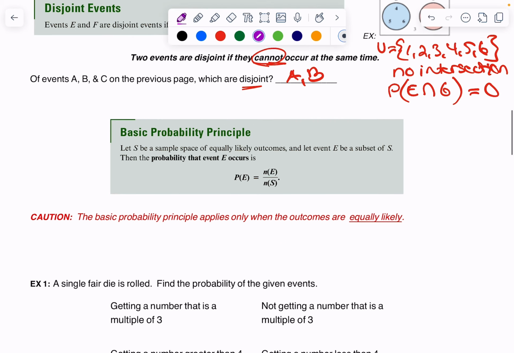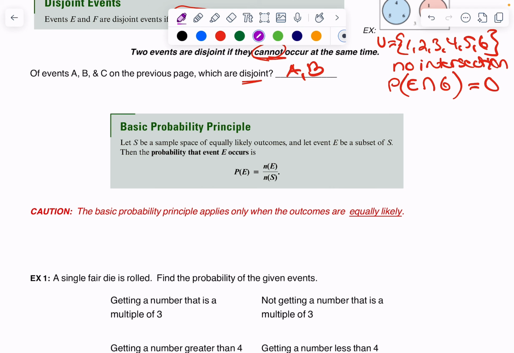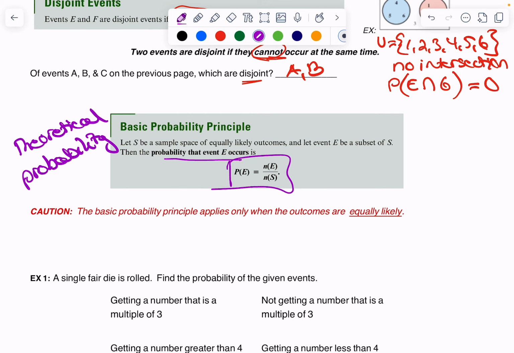Okay, next we have basic probability principle. This is the same thing as what we did in 8.3 where we talked about theoretical probability. So let S be a sample space of equally likely outcomes and let event E be a subset of S, and then the probability that event E occurs is the number of outcomes in event E divided by the number of outcomes in the sample space.